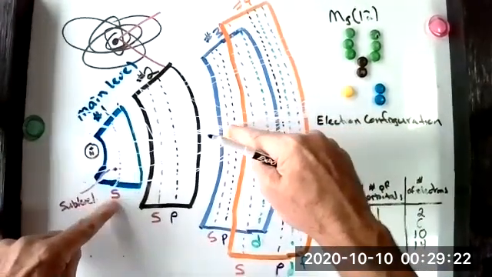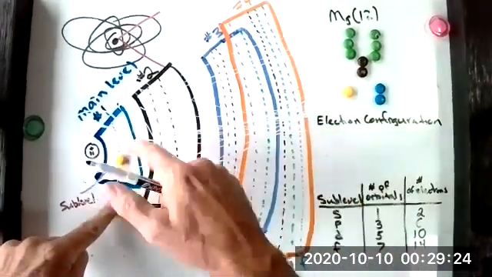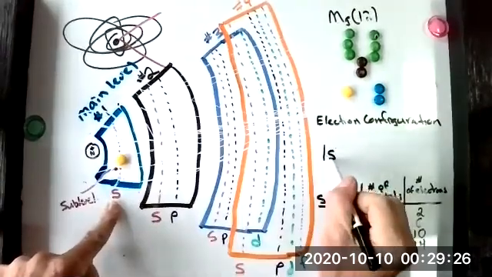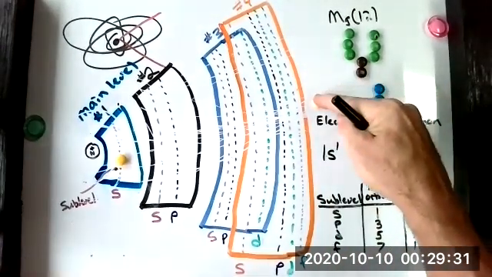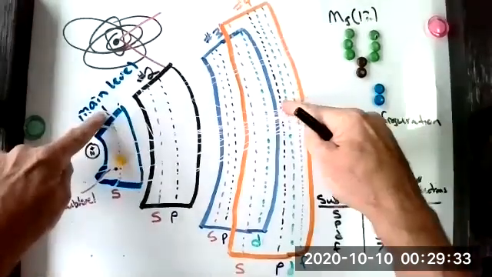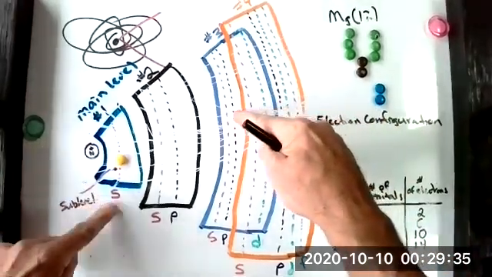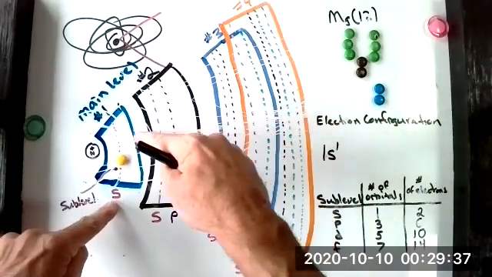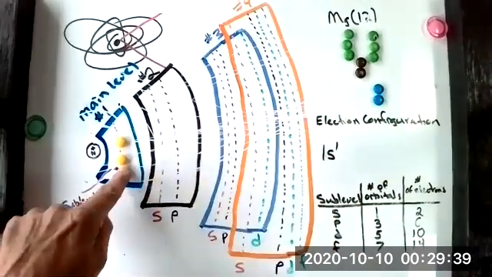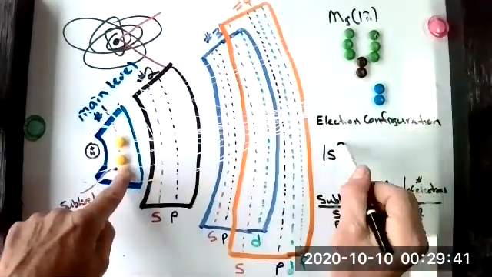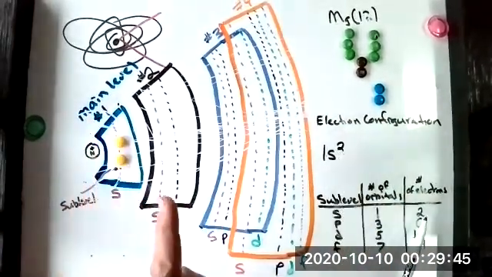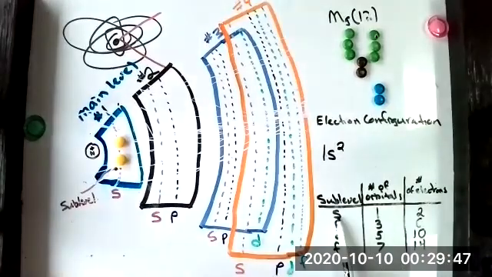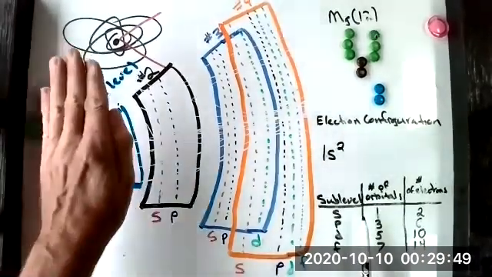Nearest open sublevel is S. Once he gets in there, electron number 2 comes in. Nearest open main level is still 1. Nearest open sublevel is still S. Once he joins that one, you have a total of 2 in there. That's significant because 2 is the maximum for an S. This thing is closed.